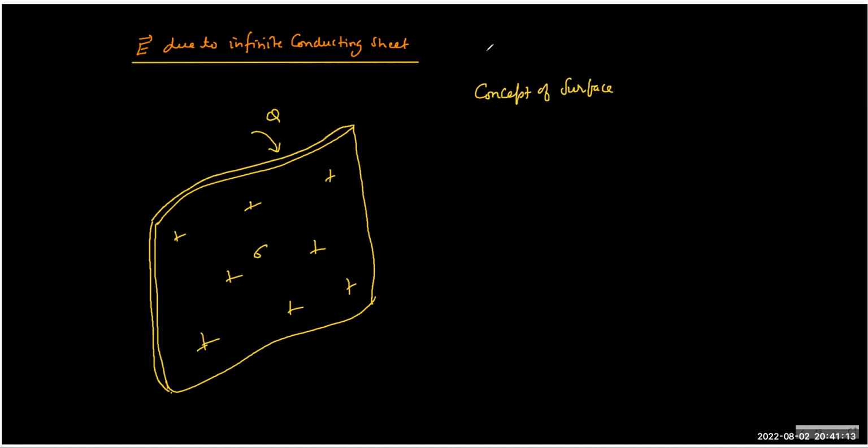Whether it is liquid or solid. Okay, we don't define surface for gas. So whether it is liquid or solid, the first 5 to 10 atomic layers of the medium are called the surface.